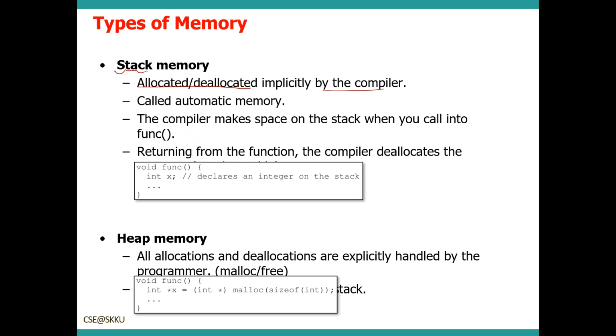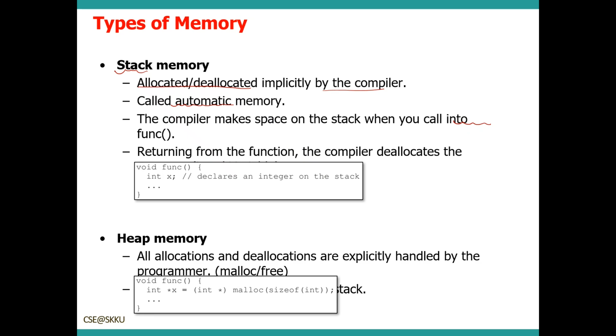So this memory region is called automatic memory. The compiler makes space on the stack when you call a function. When program code enters a function, it must allocate stack memory for the function, so the compiler generates code to increase the stack pointer.